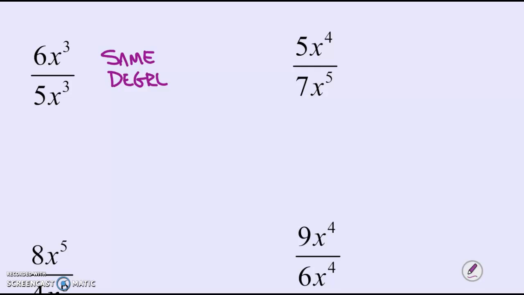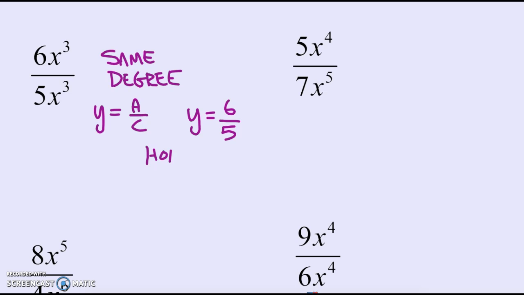And so if the degree is the same, then the horizontal asymptote is going to be A over C. In this case, y equals A over C, which is 6 over 5. So y equals 6/5 is a horizontal asymptote.